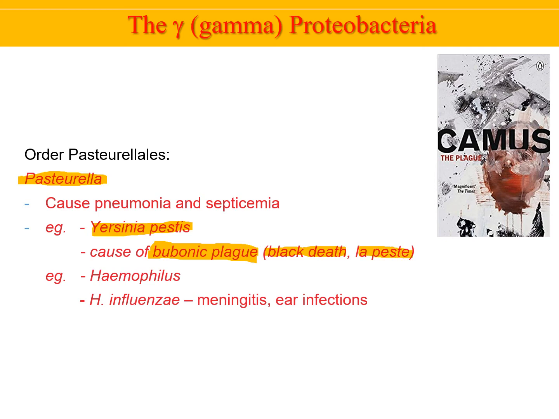La peste, the plague in English, is also the name of a very famous book by an author, Albert Camus. Here you see the front cover of a copy of The Plague, in English.